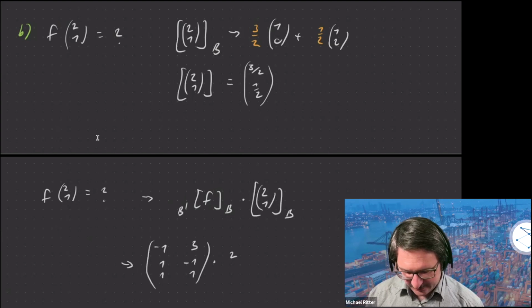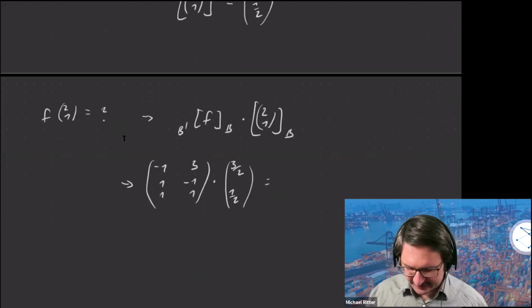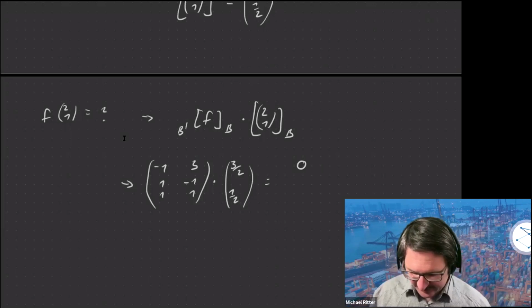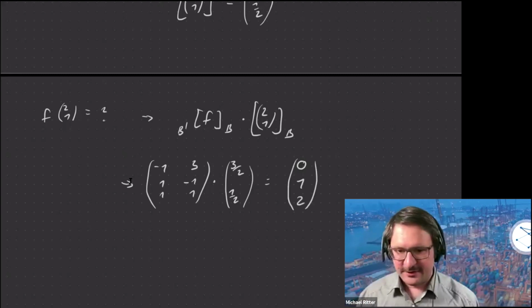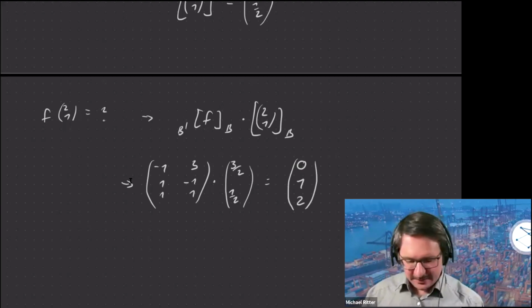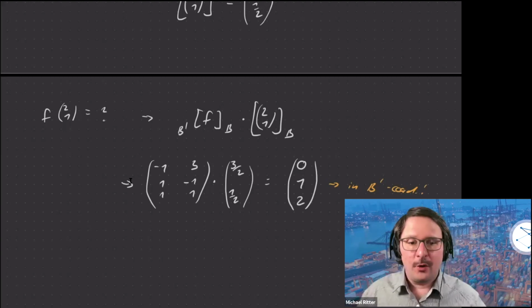And we want to multiply that with, sorry, not (2, 1) of course, with (3/2, 1/2). And that will yield -3/2 plus 3/2, that is a 0 here. Then we get 3/2 minus 1/2, so 1. And finally, 3/2 plus 1/2, that is 4/2 or 2. So this is the vector that we get as a result. Remember, this is still a B prime coordinate vector. So we have the result in B prime coordinates right now.